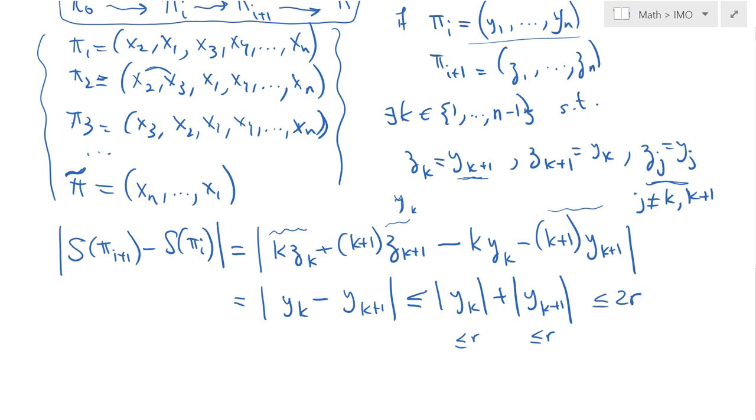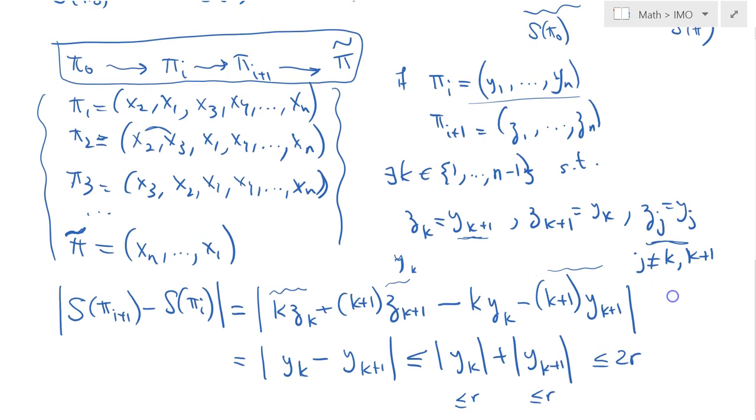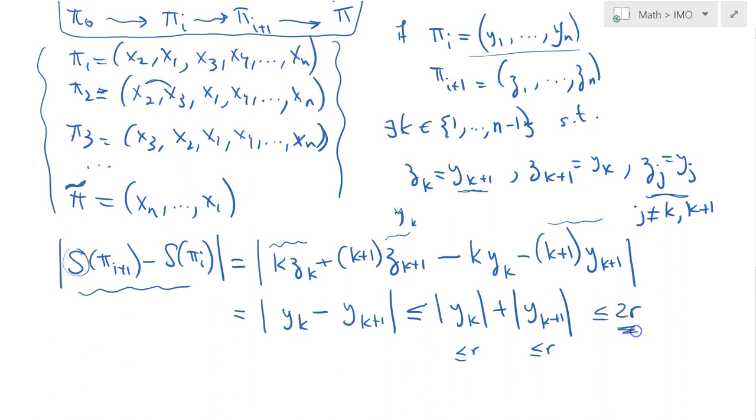Now, what's the point? Why have we done all this stuff? What it means is that the distance between two successive permutations, or between two successive sums of permutations, is less than or equal to 2r.